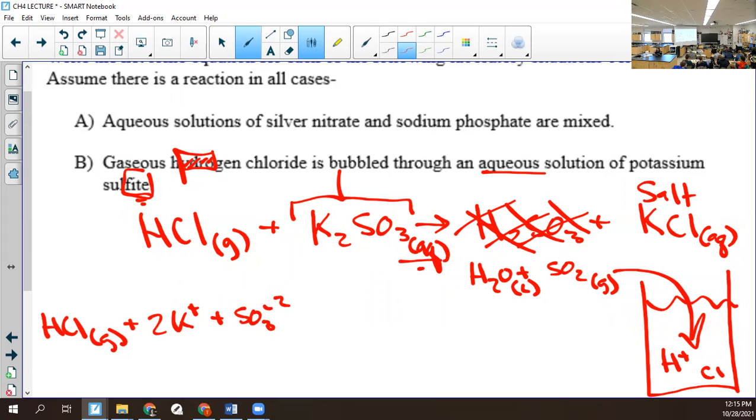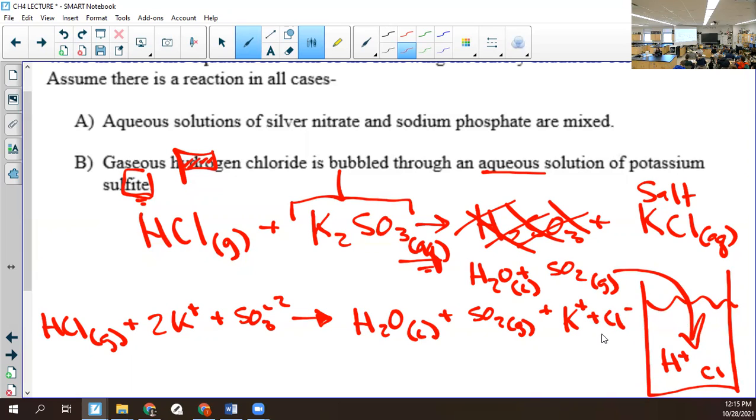That is broken apart because that says aqueous. Goes to arrow. We ready? H2O, that's a liquid. So do I separate it? Nope. Plus SO2, that's a gas. So I didn't separate it either, correct? Plus aqueous potassium chloride. So that's K plus Cl minus. And we're ready to roll.